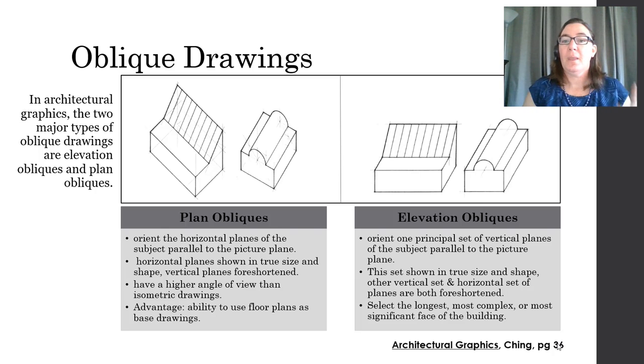The advantage of this, and it's a big one, is that you can use the floor plan as a base drawing. The elevation oblique, slightly different. We orient one of the vertical faces of the building with the picture plane. And the advantage of this one is that you can use an orthographic elevation of the building to start your base drawing.